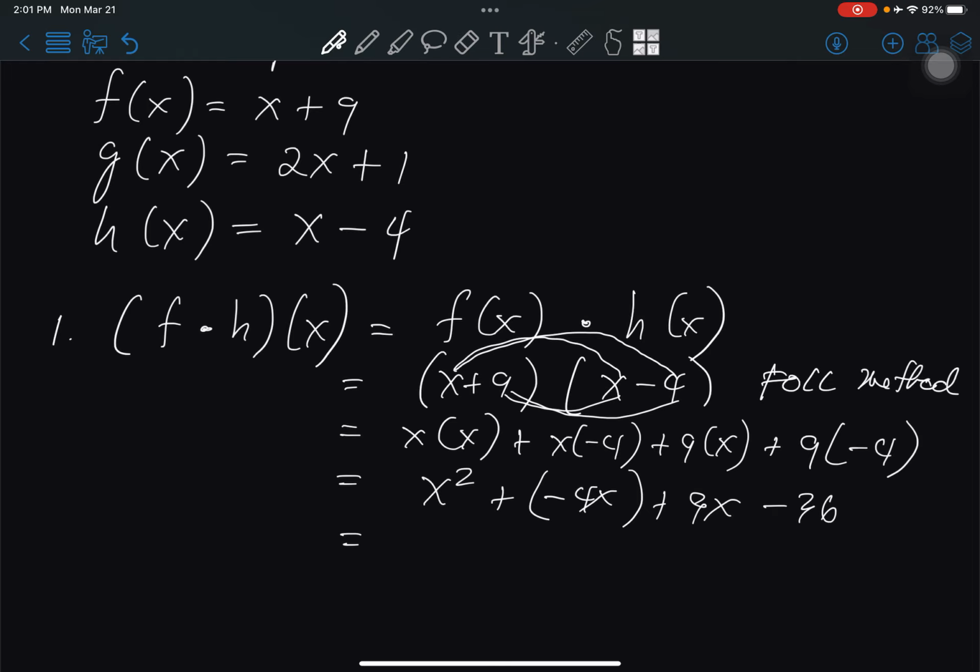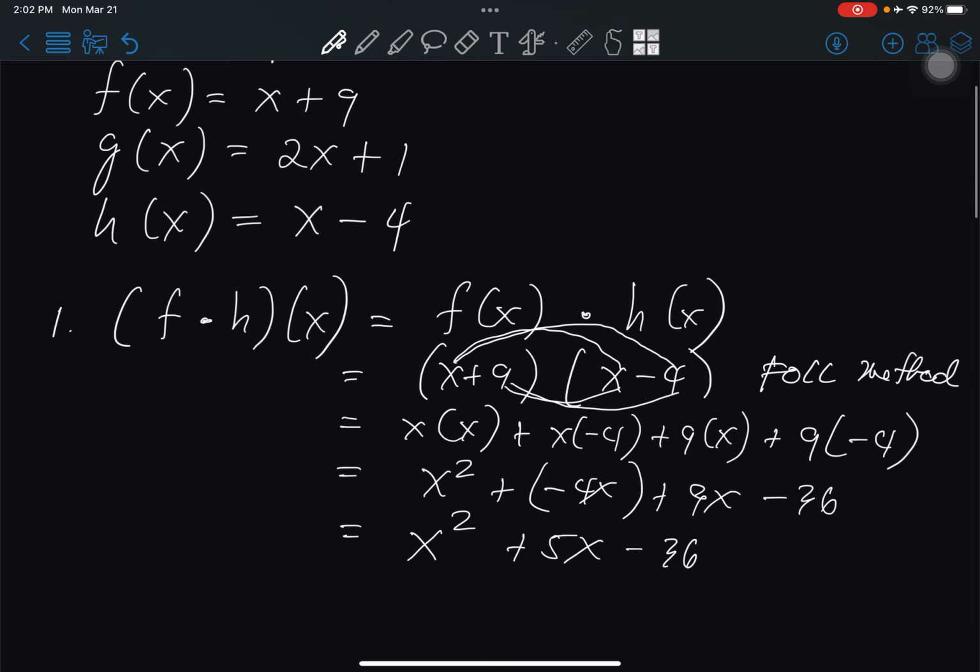X squared doesn't have any pair because we have here x, which is raised to the first power. So we are just going to copy x squared, then we have minus 4x plus 9x. This is equal to plus 5x. Then just copy your minus 36. So that's the answer if we're going to get the product of f and h of x. Okay, so the product between f and h is x squared plus 5x minus 36.